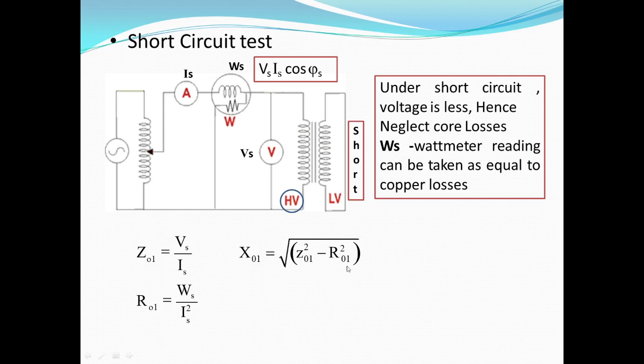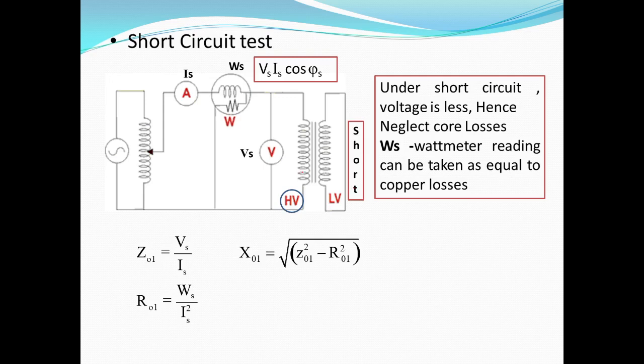Here we are conducting the test with the HV side connected to the primary side supply. So here we are supplying a small current to the HV side. High voltage means the current is low, so it is convenient to conduct the test on the HV side and short circuit the LV side.